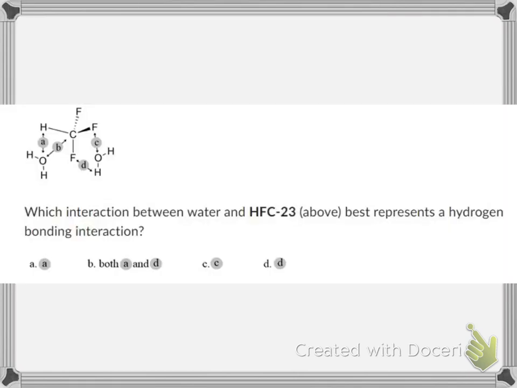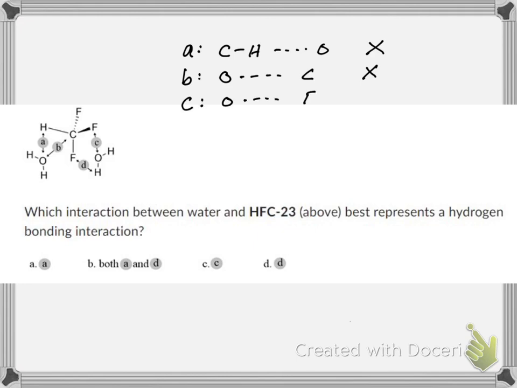This molecule is often missed on our quizzes, so I want to work it out. The first thing you do, it's best to make a summary. A is CH interacting with O, that is not a hydrogen bond. B is oxygen interacting with carbon, not a hydrogen bond.